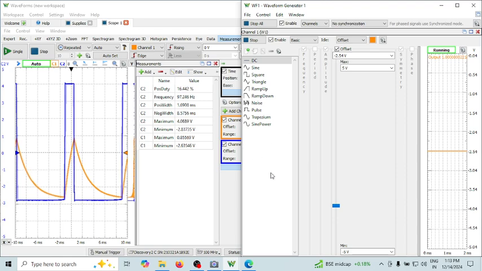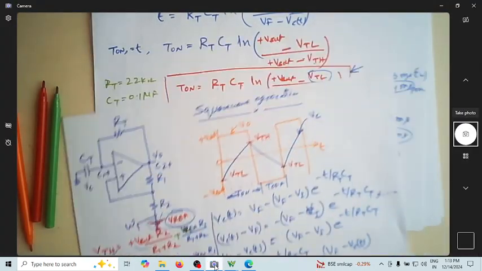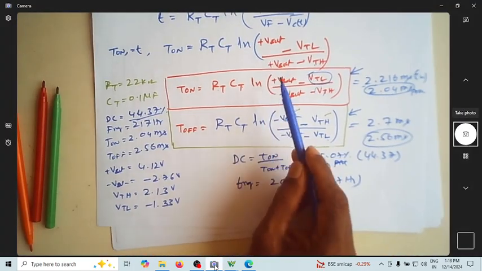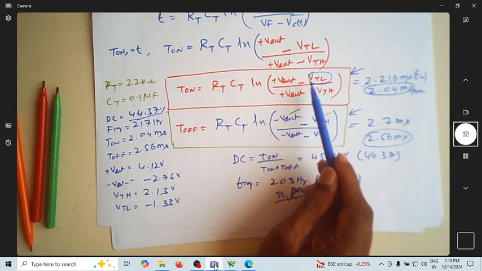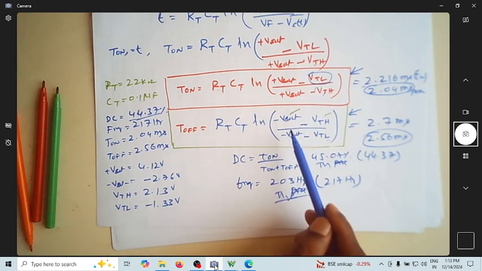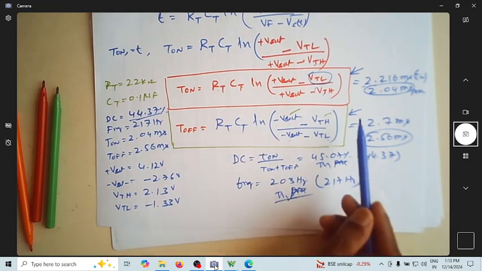So how do you verify the values? In the same equation I showed earlier, this is your equation. Keep substituting the measured values of plus Vsat, minus Vsat, VTH and VTL, and then you can verify the values.